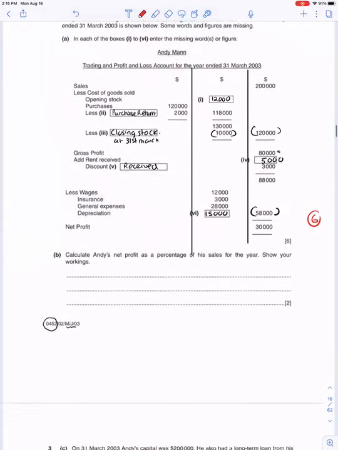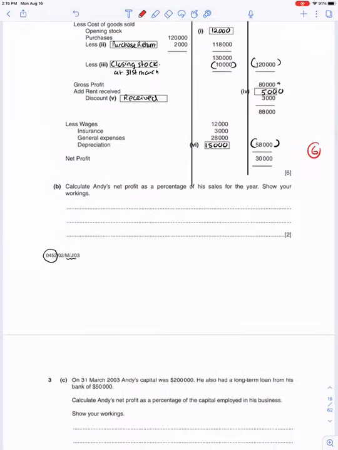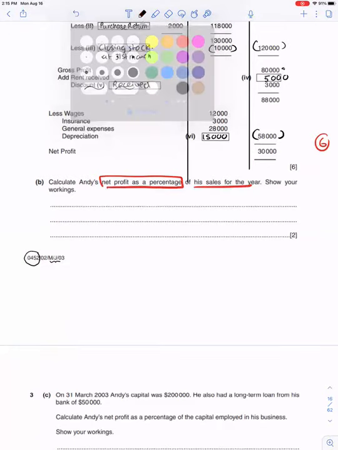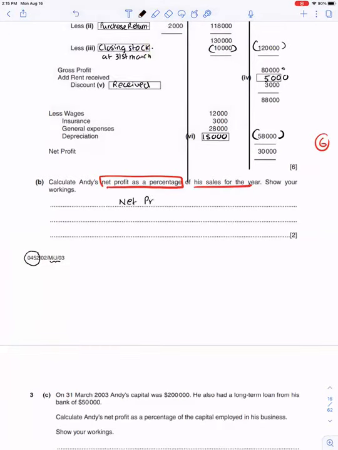Next question they've asked is to calculate Andy's net profit as a percentage of his sales for the year. How will you calculate it? You will say net profit upon sales into 100. What is the net profit?